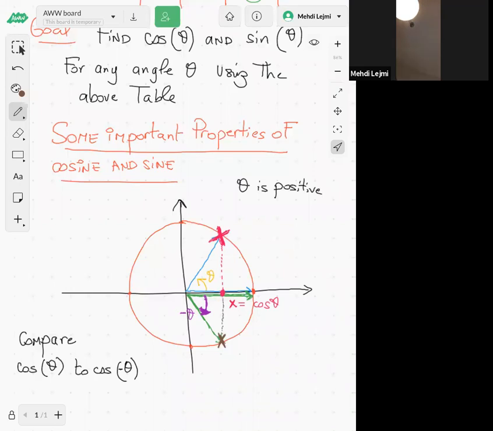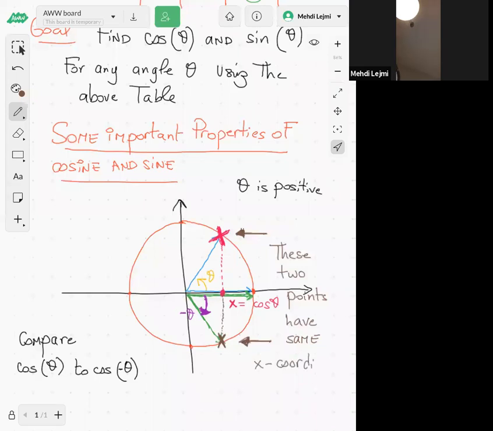So these 2 points, this one here and this one here, have the same x coordinate.